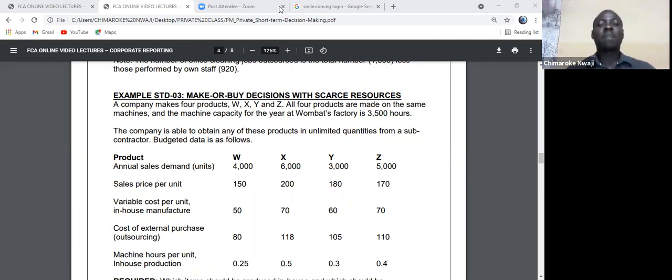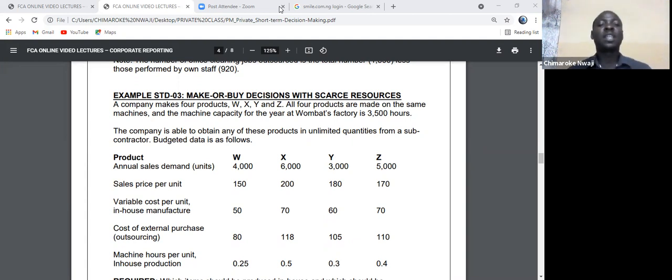And the machine capacity for the year at Wombats factory is 3,500 hours. So without reading more, I am guessing that labor hours or machine hours will be the scarce resource. And so they are going to be competing for machine capacity.